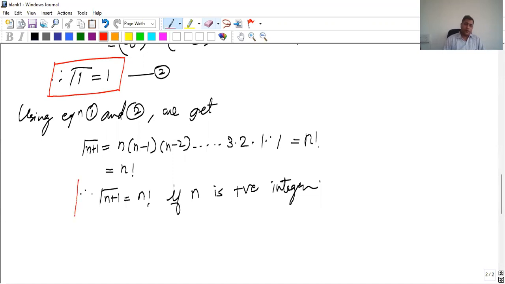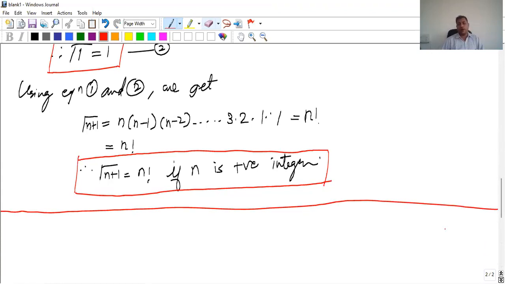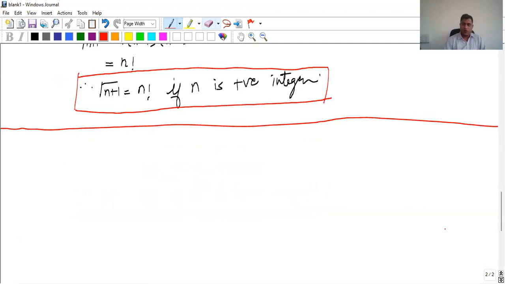So this way, we are able to prove the third property also. Now, if we are able to prove the first and second property, then we assume one property and we can prove it after understanding the beta function. So I will say the third property as let n greater than 0.